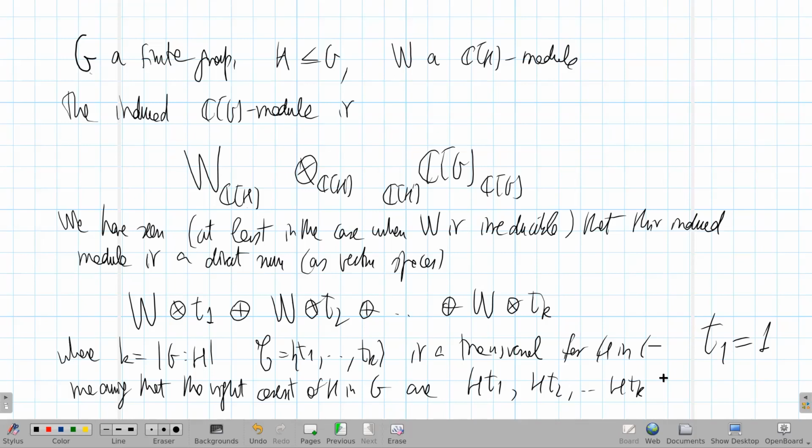Okay, so it's a direct sum of vector spaces. We had seen it by finding an isomorphism with this, which is inside CG, because this W, if it's irreducible, sits inside CH, because each irreducible CH module is contained, as we have seen, in the group algebra, in this case of the group H. This is of course contained here, and so everything takes place inside CG.